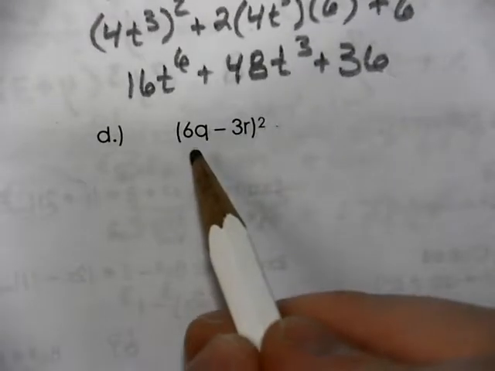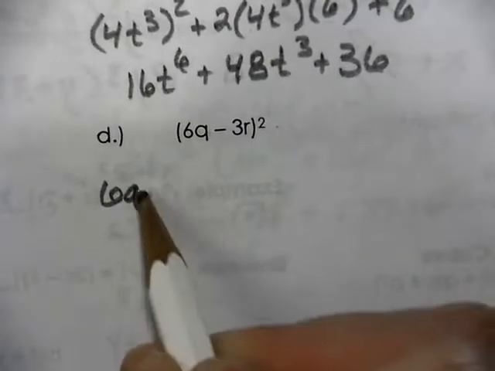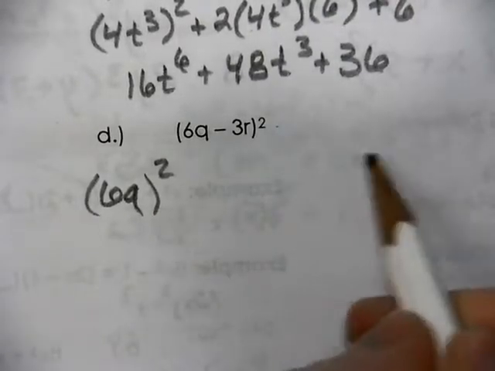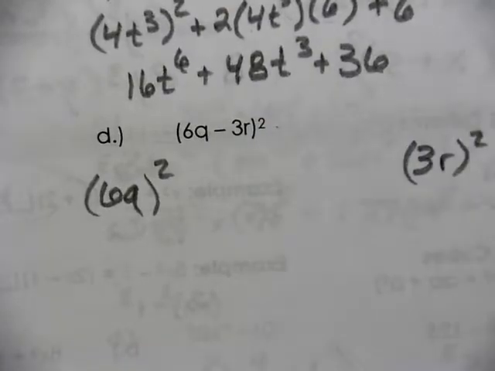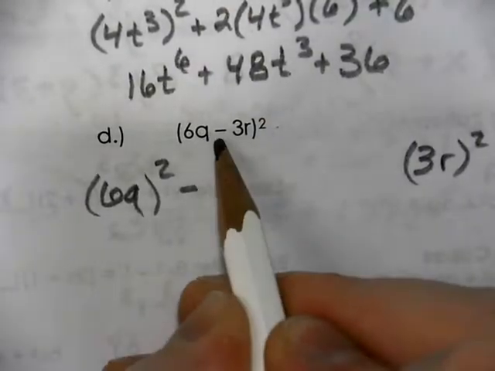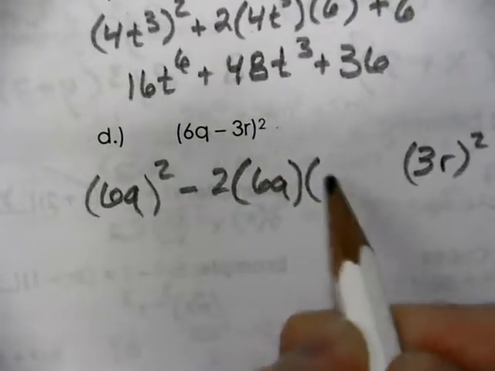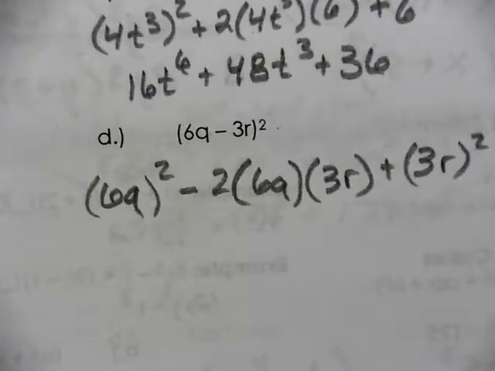Alright, so let's try that. We're going to take our 6q and square it. We're going to take our 3r and square it. We're going to use the minus 2 times those two multiplied together, and always add it to your b squared.